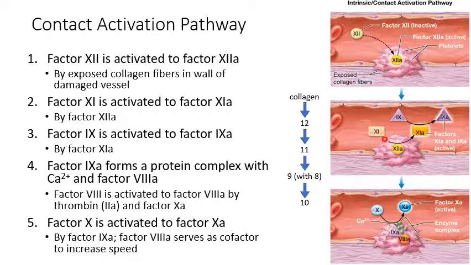So factor 12A activates factor 11 to factor 11A. Then factor 11A is going to activate factor 9 to factor 9A. Then factor 9A is going to kind of enter this clot and make a complex with calcium. These little green dots would be calcium ions.